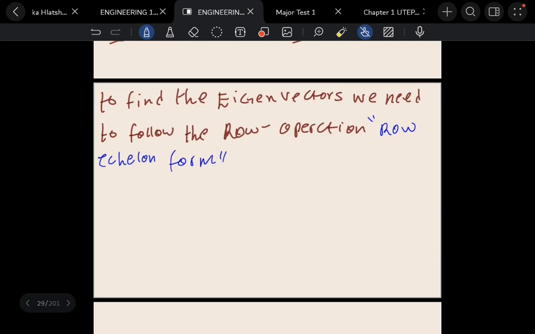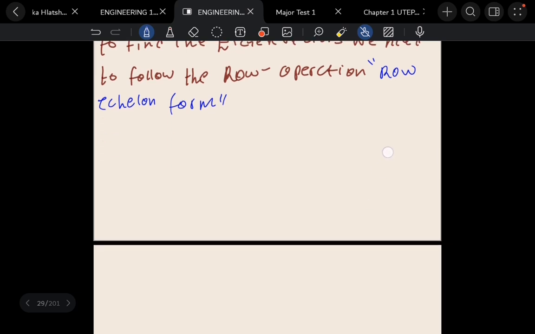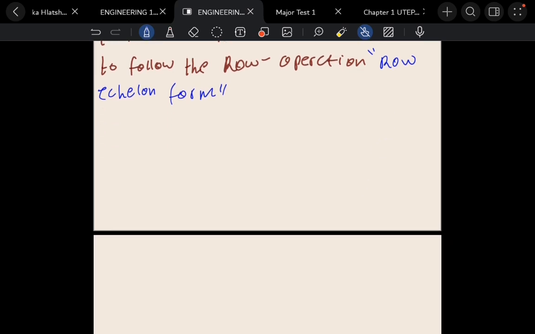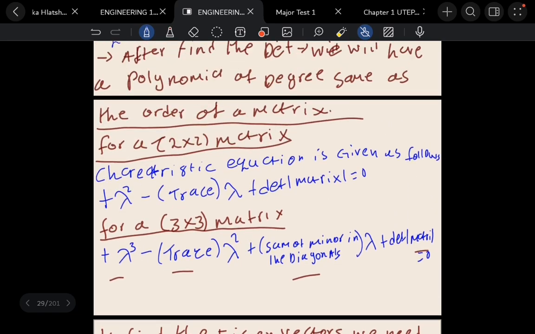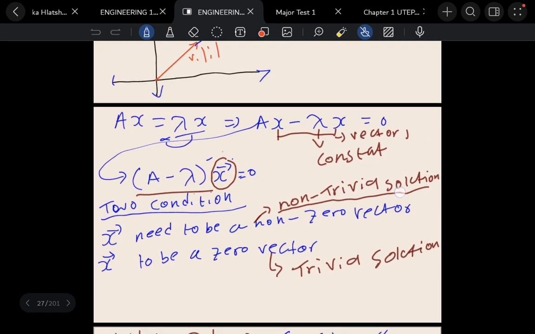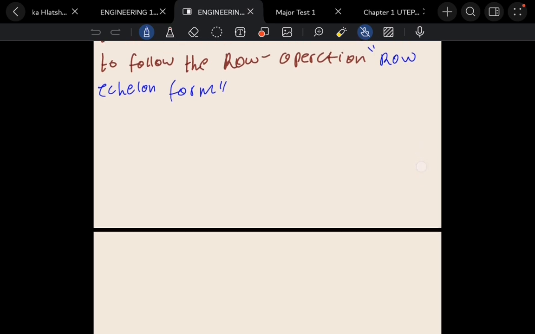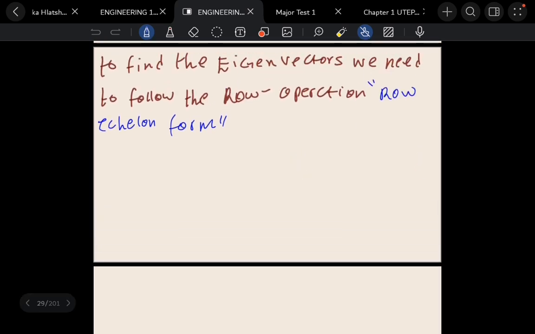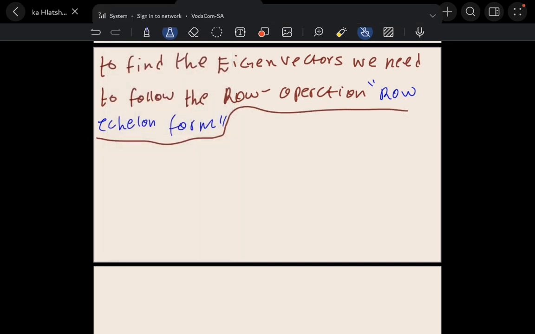We need to perform the row echelon form, right? So this is the theory behind how to find the eigenvalues. This is just the theory, right? I'm just going to do 2 examples on how to find the eigenvalues and the eigenvectors. Only 2 examples, actually 4.